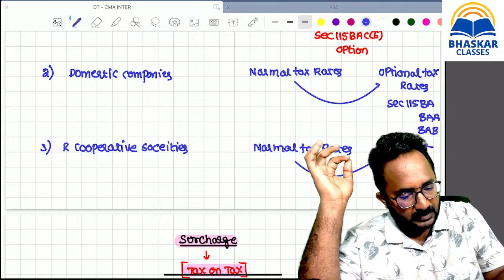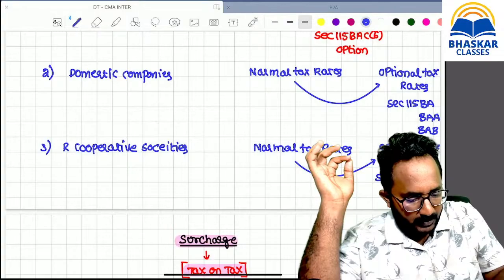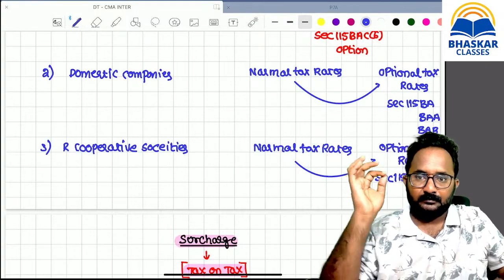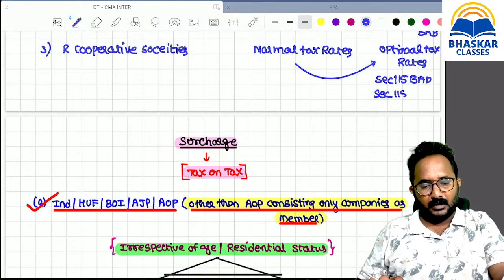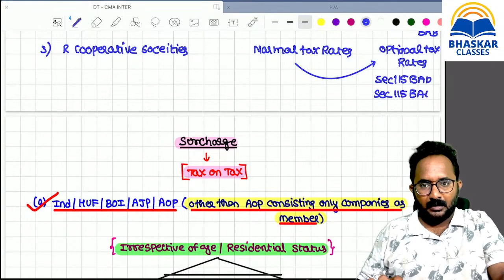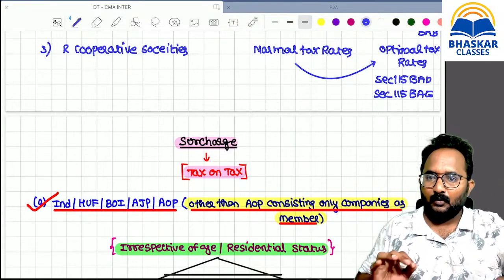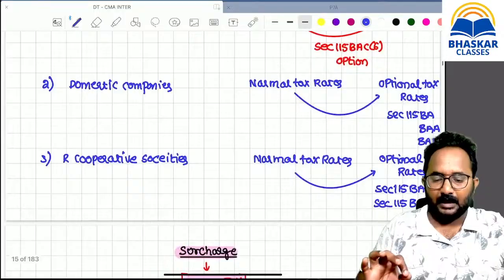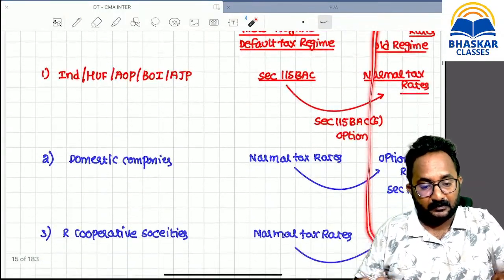They can follow section 115BAD or section 115BAE also. For these three only we have two regimes.